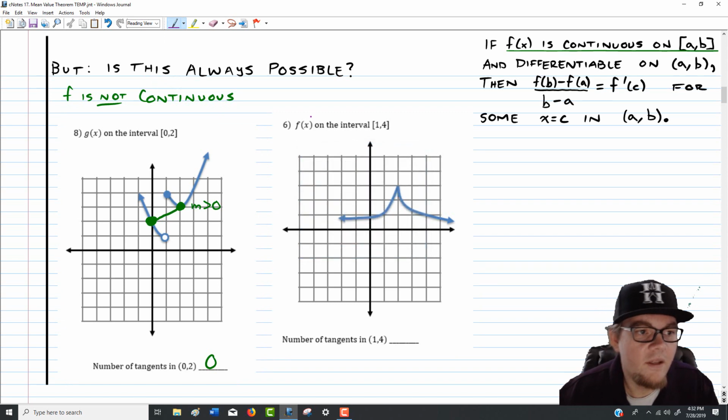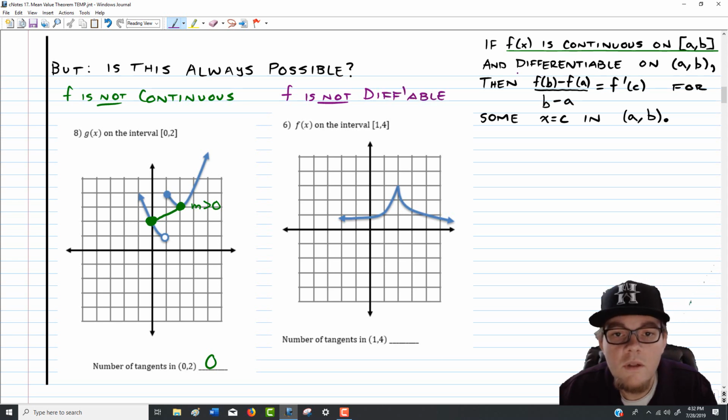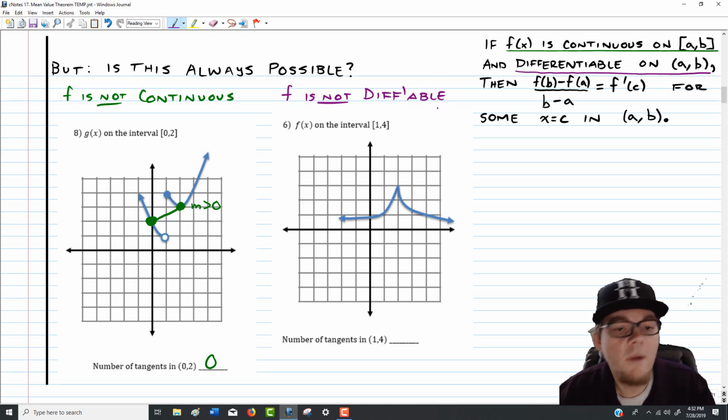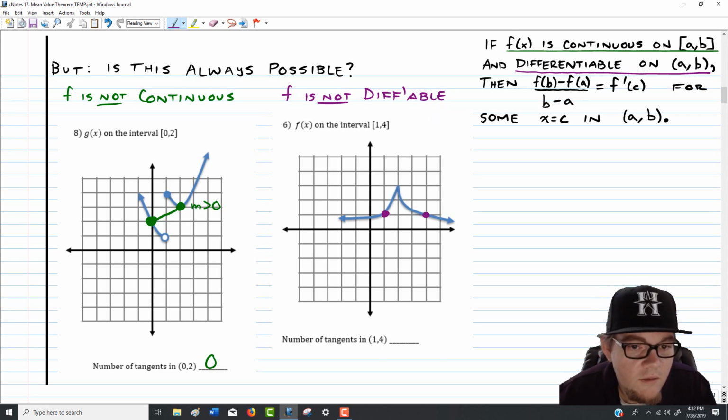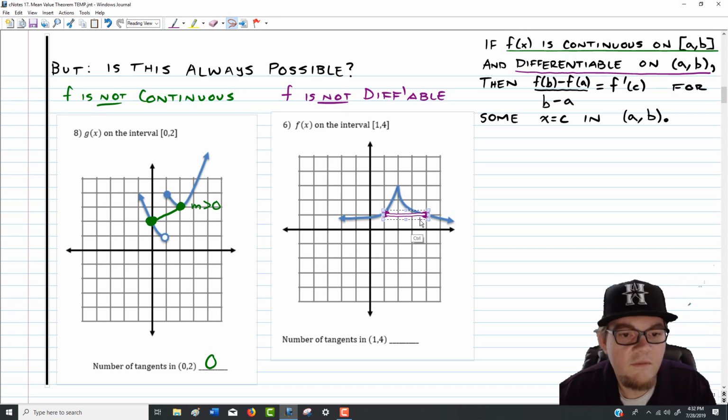The second possibility here is that f is not differentiable. That means there might be places where the derivative abruptly changes values. Differentiability is required on the open interval. It doesn't matter what happens at the endpoints, but it is required on the interval. Looking at our picture once again, if I draw in my endpoints and then draw the secant line, we can try to locate a place on this non-differentiable function where the slope matches.